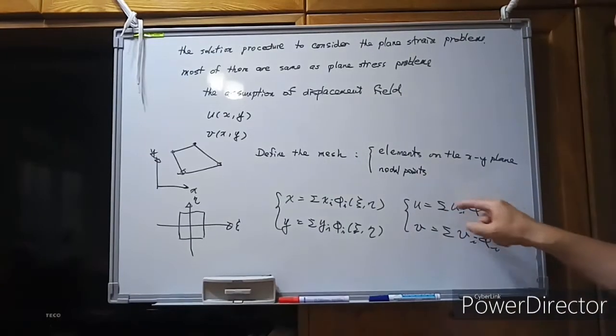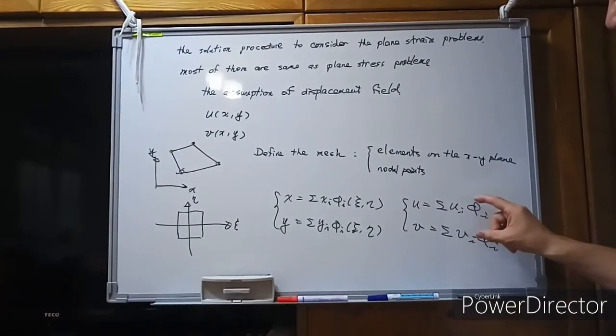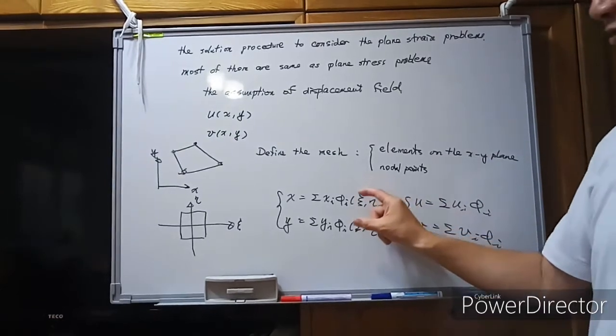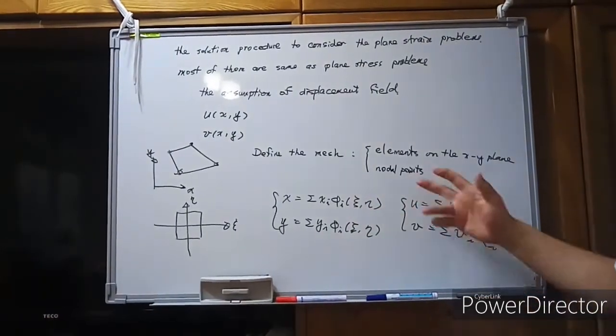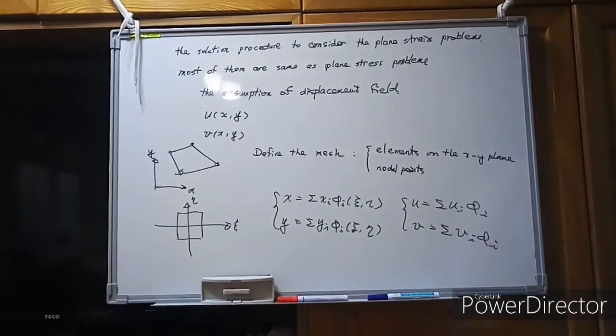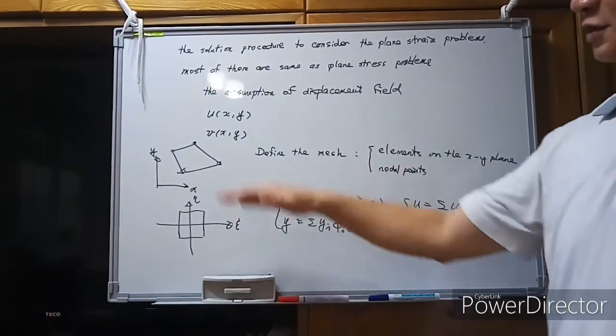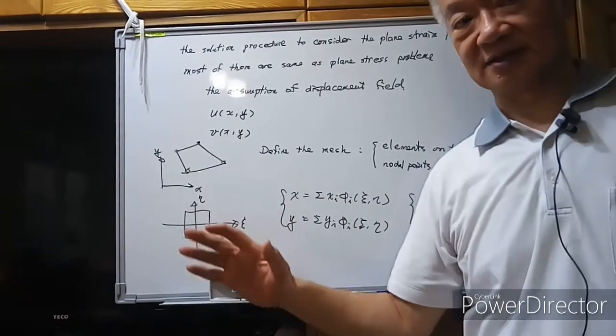Remember, the ui and the vi are unknowns, but the phi usually are the same as the phi here. So we know all the phi functions. All of these are exactly the same.